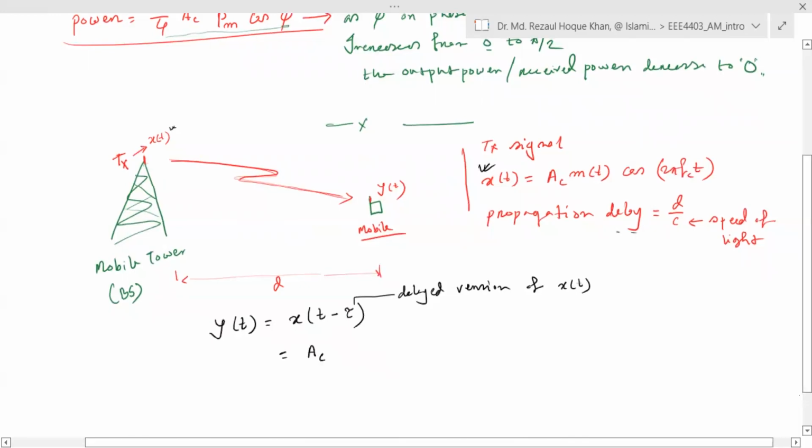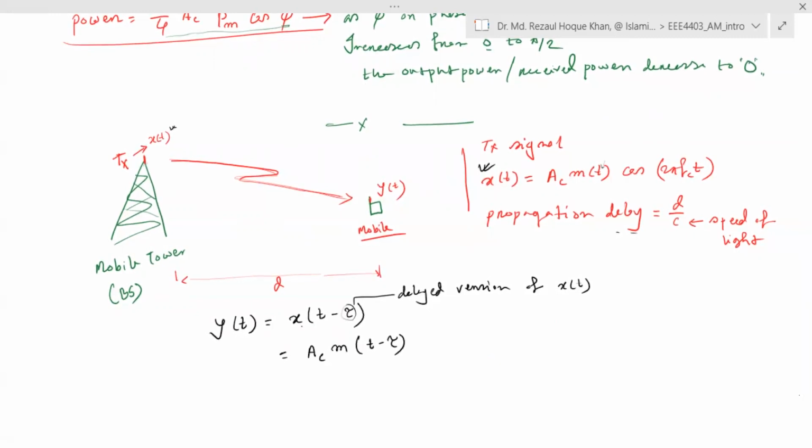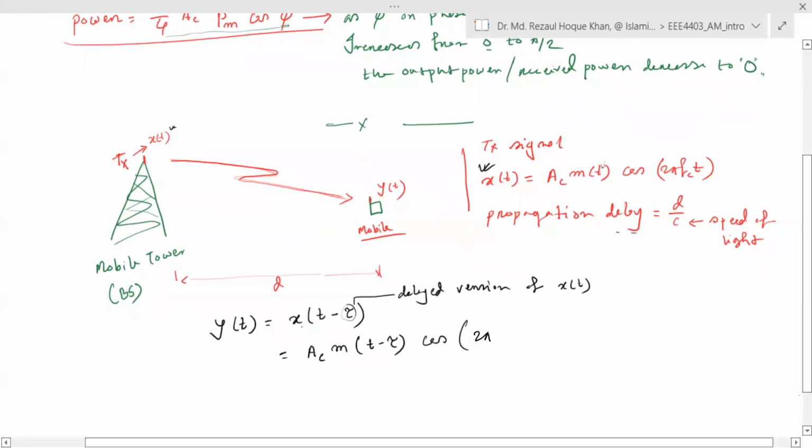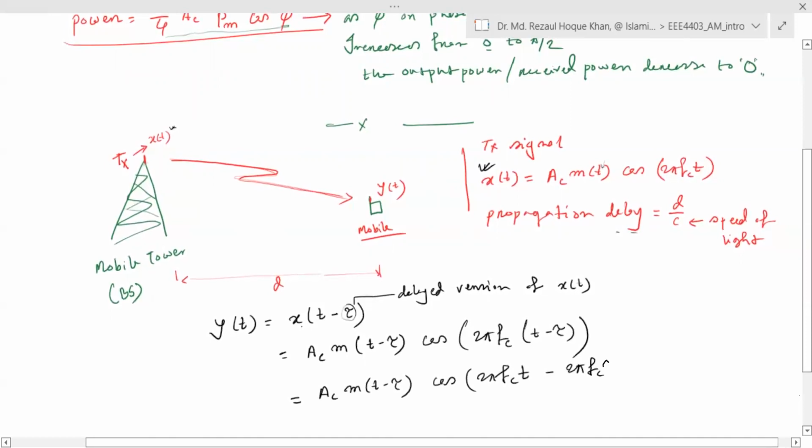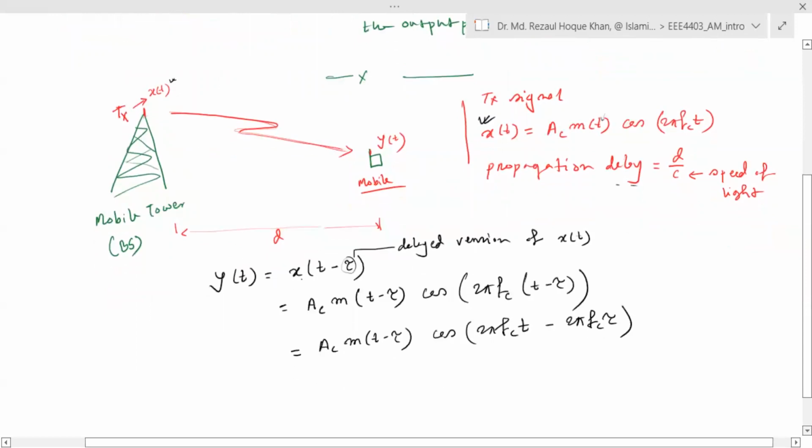It will be Ac m(t minus tau) cos 2 pi fc (t minus tau). Everywhere this delay amount will be added. So we can write Ac m(t minus tau) cos(2 pi fc t minus 2 pi fc tau), where 2 pi fc tau is incorporated here.